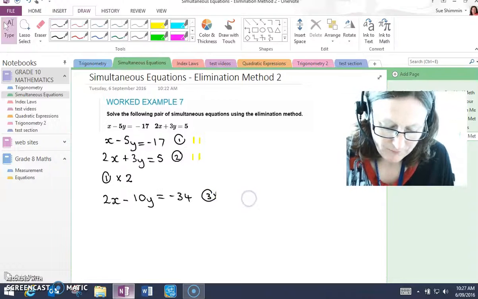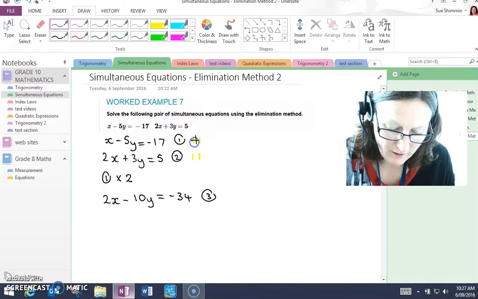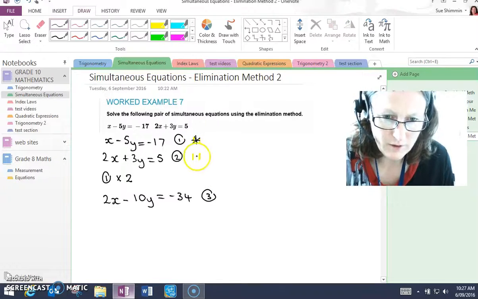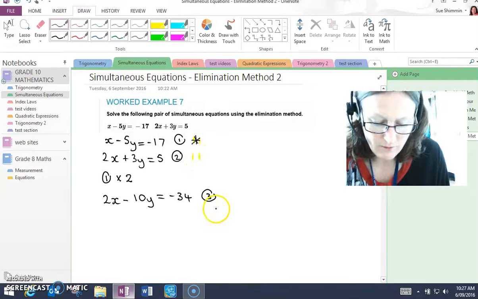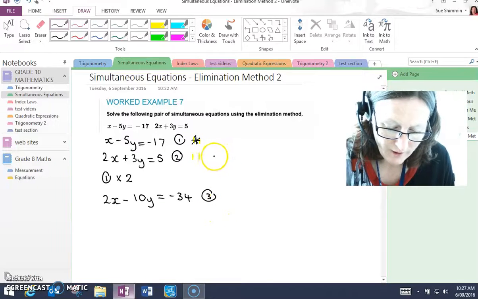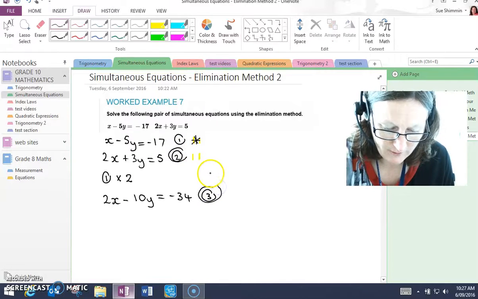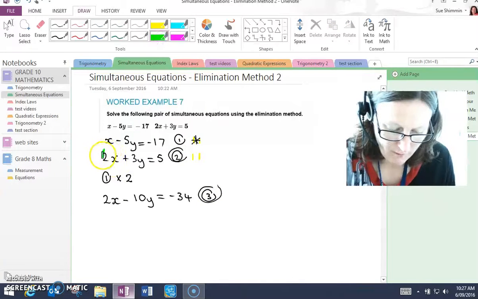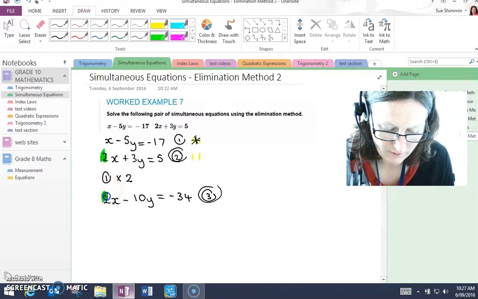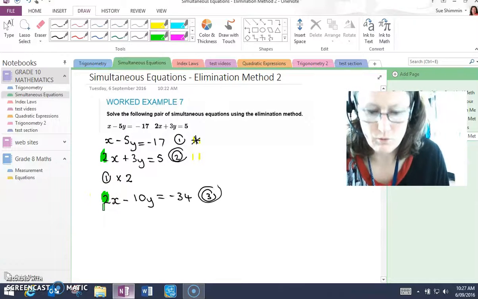So what I've done is times everything in that equation by 2. So that's equation 3. I now look at equation 2 and equation 3. They both have the coefficient of 2 with the x.